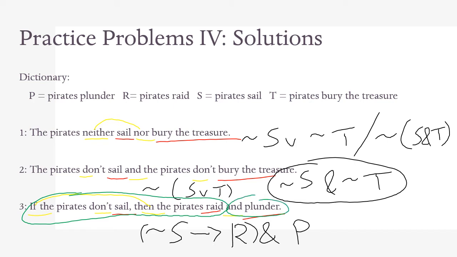Again, if we were trying to formalize it the other way, with the parentheses going around the R and P, then we would probably expect that there was a both missing somewhere in here. But either way would probably be all right for translating the sentence.